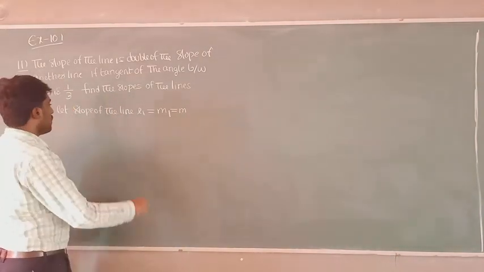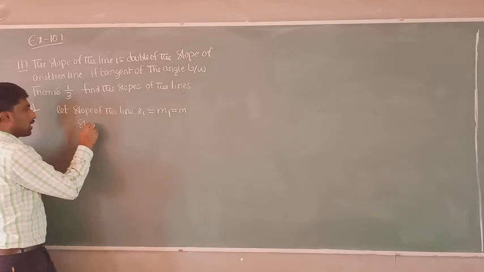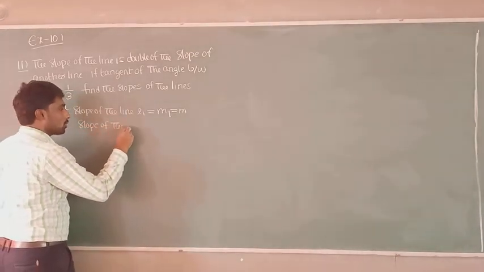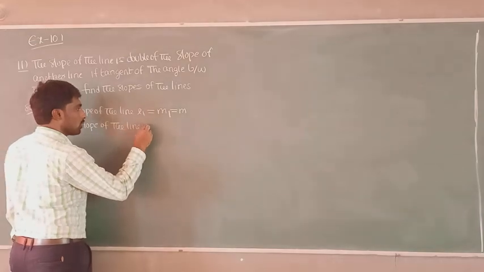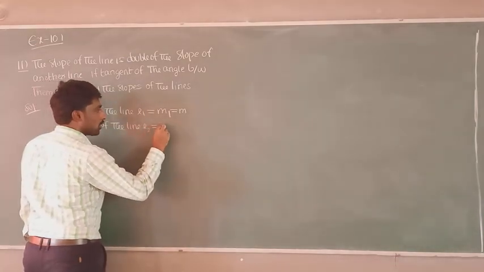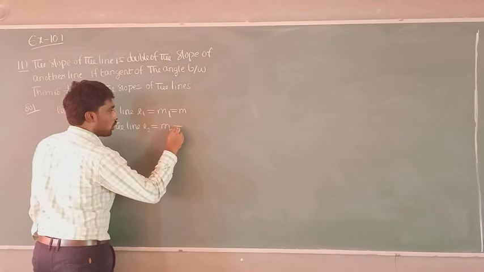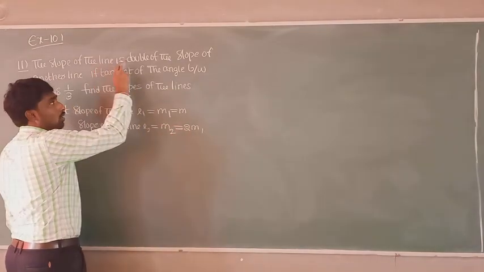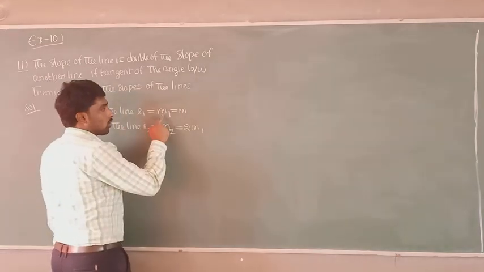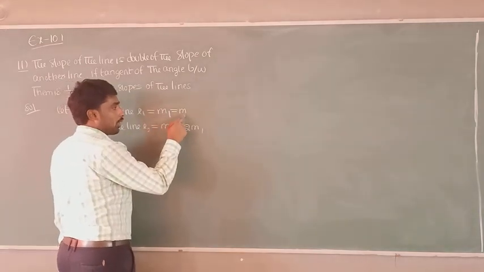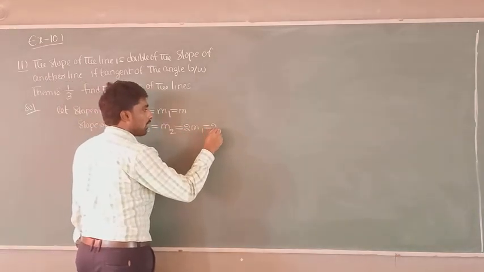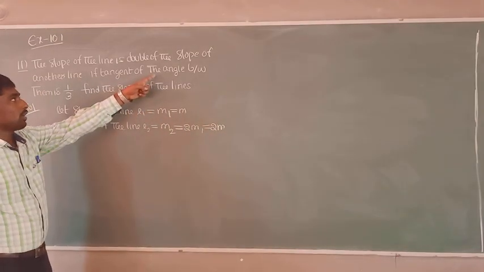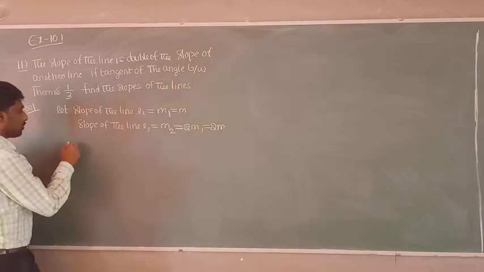Next, the slope of the second line L2 is m2 equal to 2m1. That is what they give: the slope of one line is double the slope of the other line. M1 is m, so m2 will be 2m.